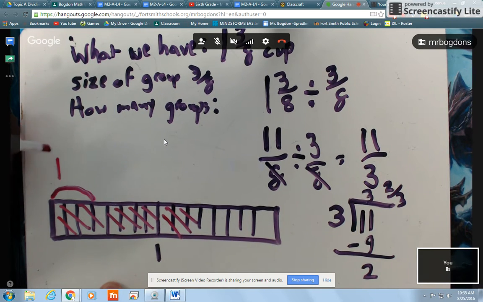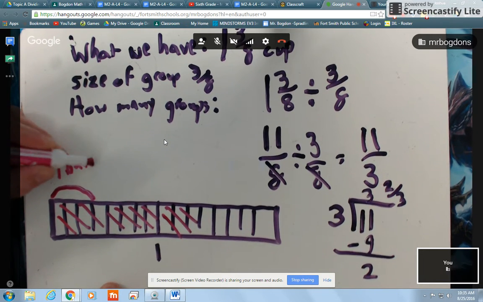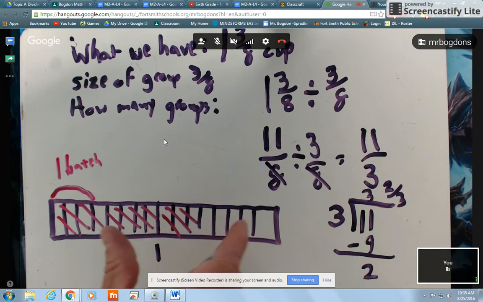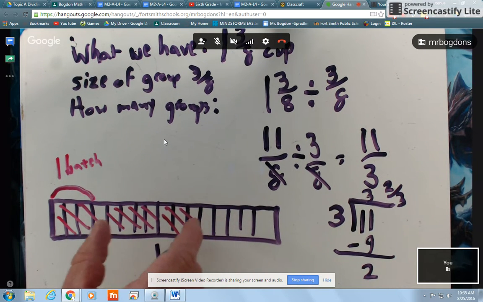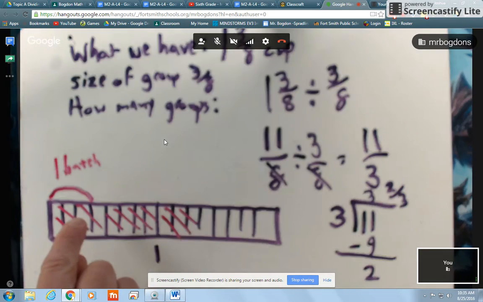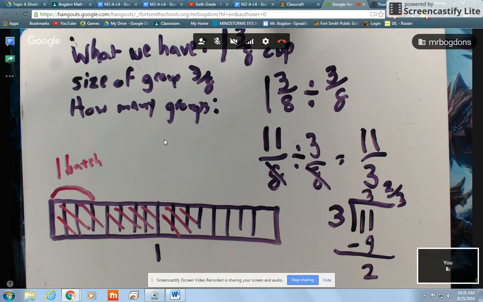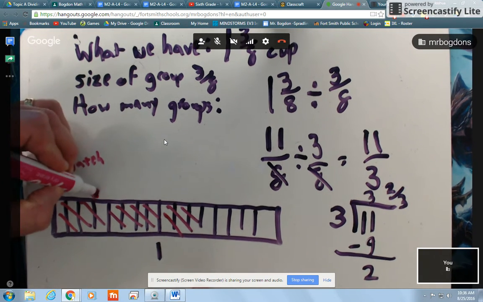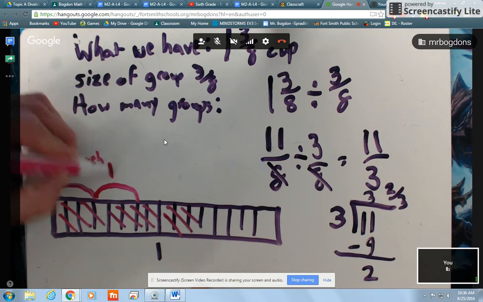That's one batch. Do I still have more I can use? Yes, I still have more strawberries. So how many more eighths do I need to count by? 3. Why? It's like you have to have 3 eggs in order to make a batch. Each batch needs 3/8. The first batch used 3. The second batch is going to use 3. 1, 2, 3. So now I've got another batch.